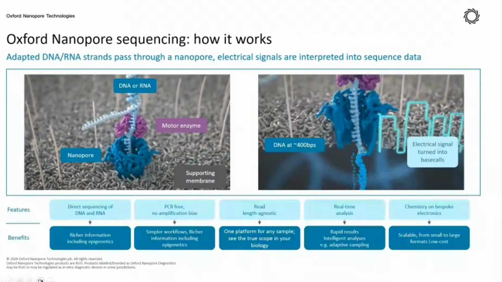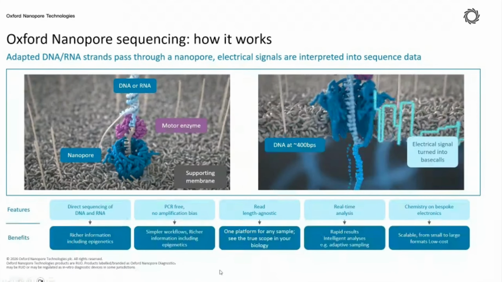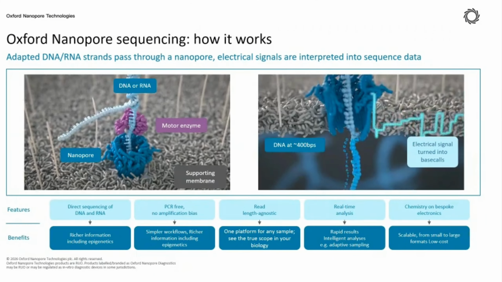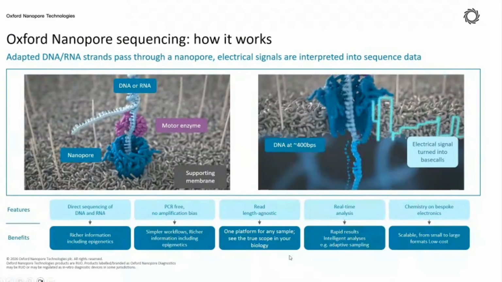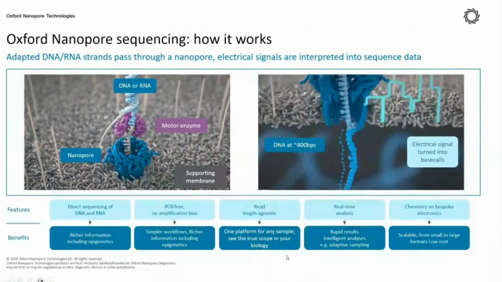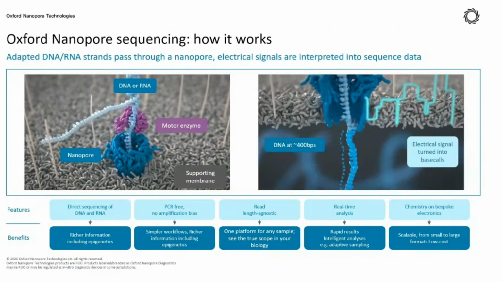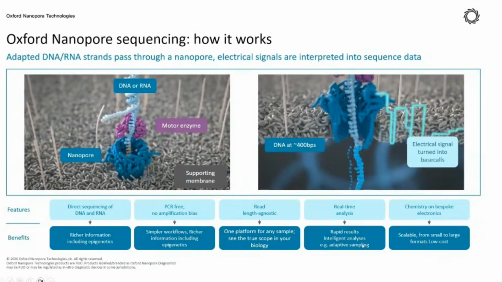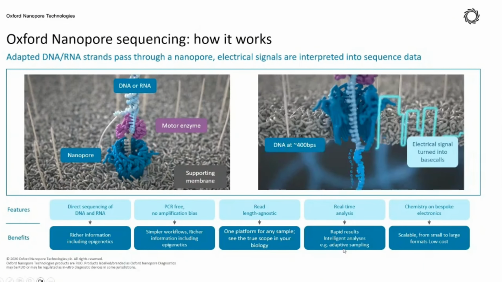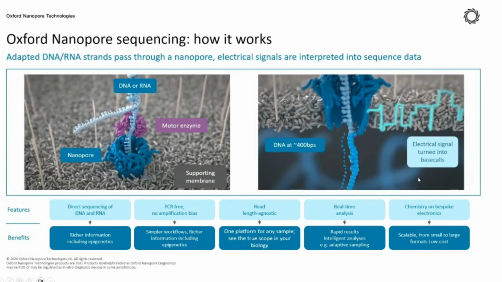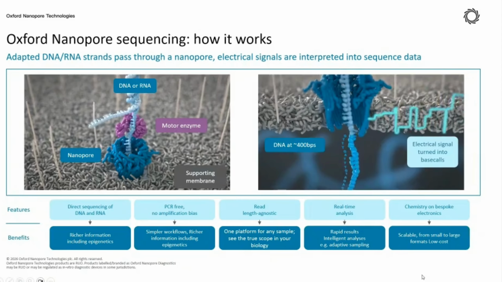That also means the data we are gathering is PCR bias free. Even though nanopore sequencing is identified as long read sequencing, it can actually sequence very short sequences all the way to very, very long sequences. For real-time analysis, while the sequencing is happening, we can already gather the electrical signals and turn them into base calls, and obtain the data while the sequencing is still ongoing.